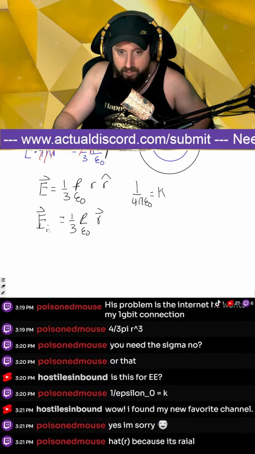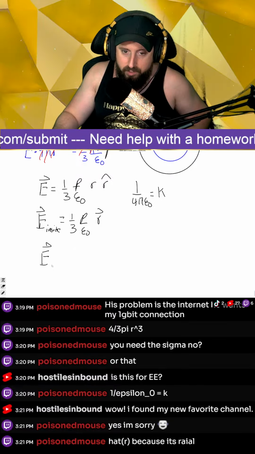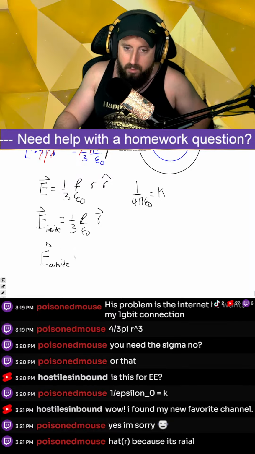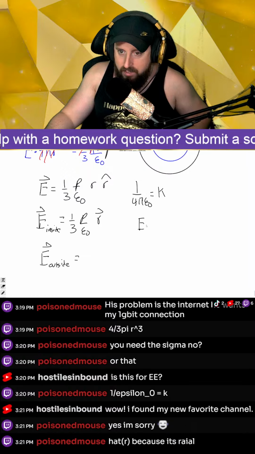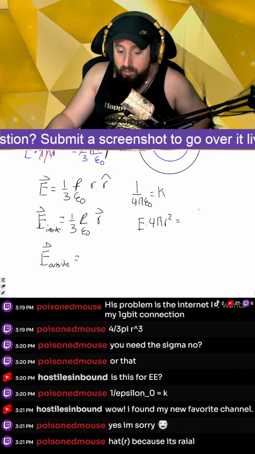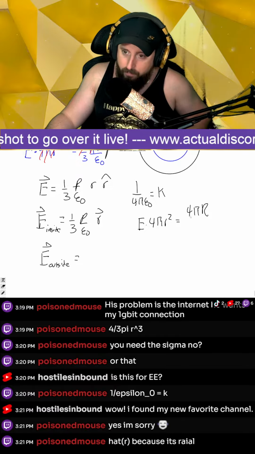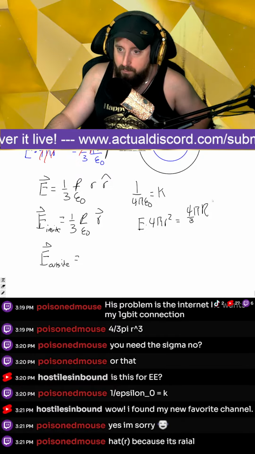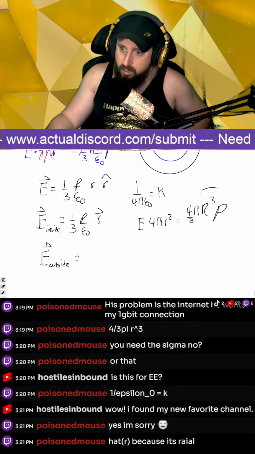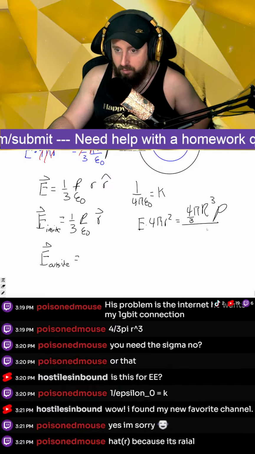This is the electric field inside. Turns out if you want to do the electric field outside, okay, well, now that's E times 4 pi r squared is equal to Q enclosed. Q enclosed is going to be 4/3 pi big R cubed times rho, because this is the volume of the whole sphere, and then this is over epsilon naught.